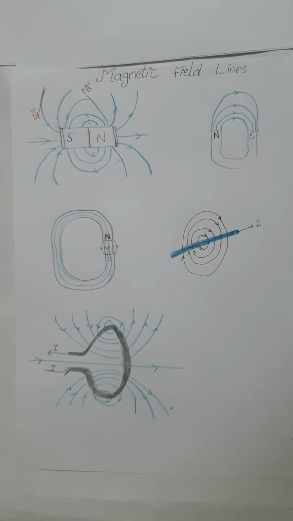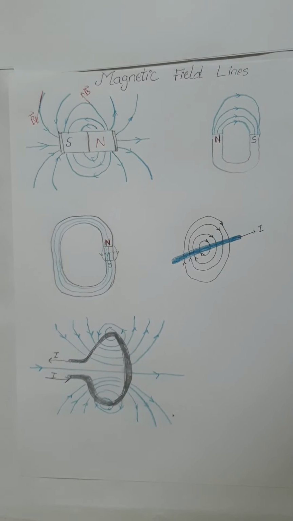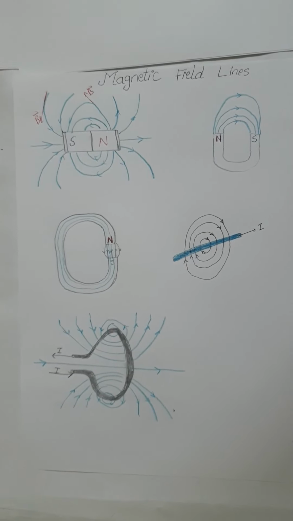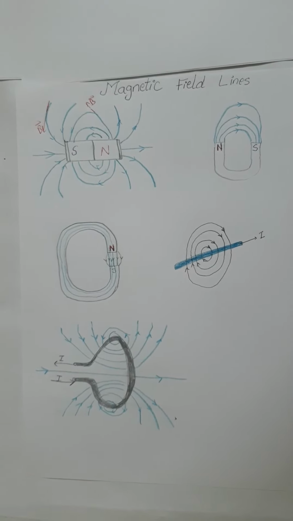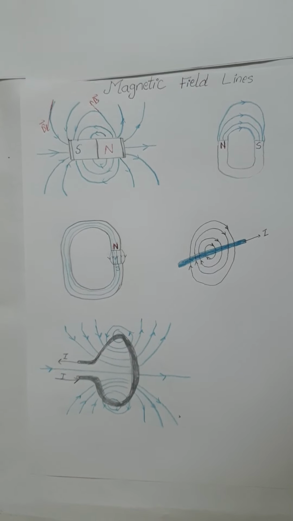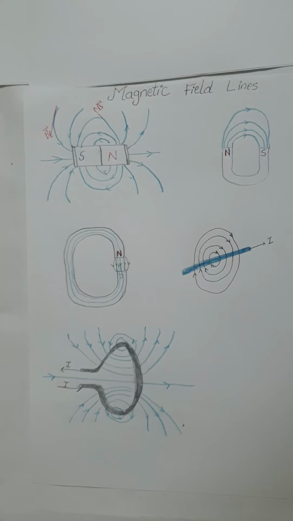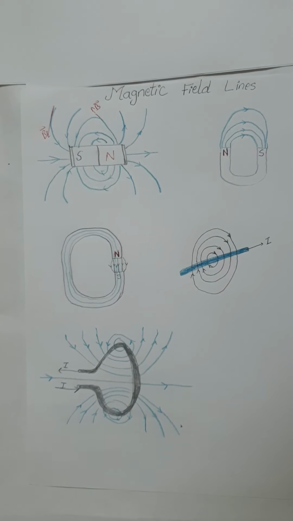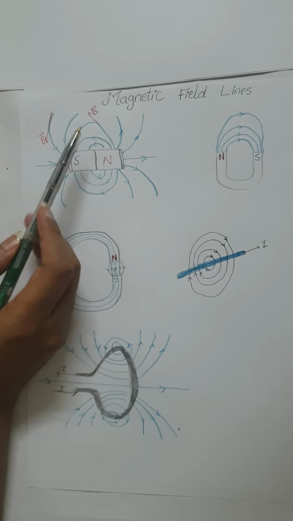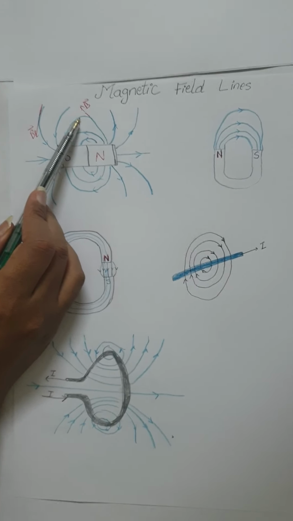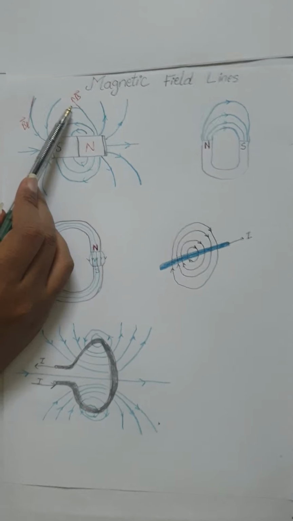A magnetic field can be represented by magnetic field lines, just as we did for electric field, where electric field lines represent electric field. Similar rules apply here. First one, the direction of the tangent to a magnetic field line at any point gives the direction of magnetic field at that point.